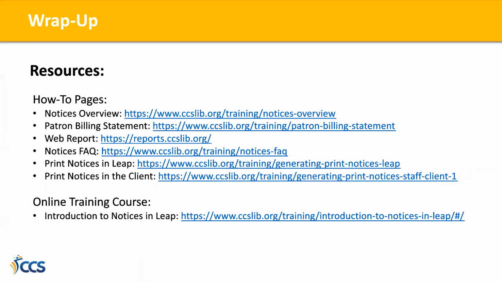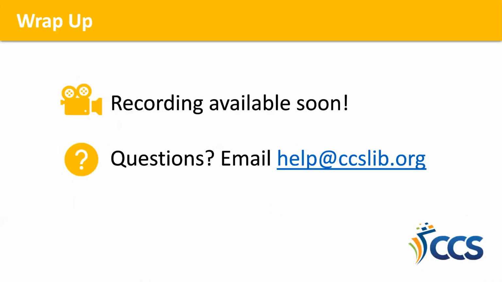Links to pages referenced during training are listed on the slide, and they're also included on your agenda. And then, as always, if you have questions, please don't hesitate to reach out to CCS. You can always open a help desk ticket, email help@ccslib.org, or definitely feel free to reach out to me directly.